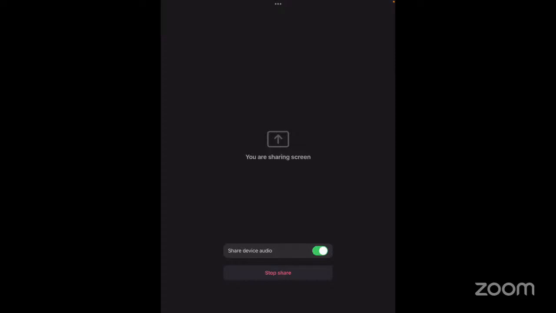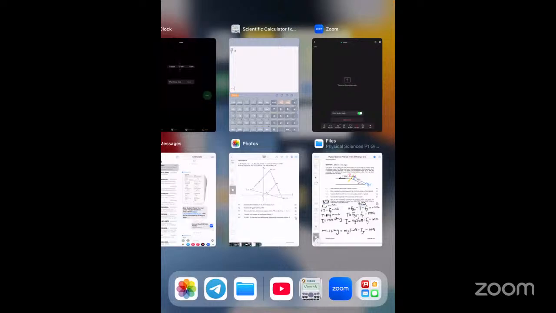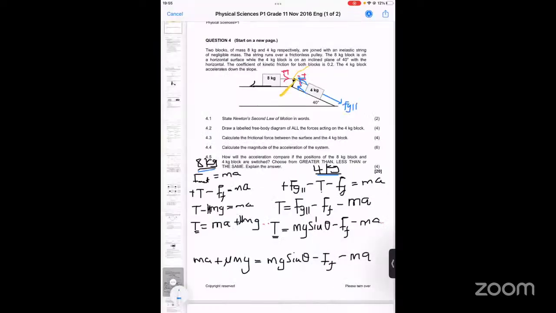Okay, if we've got no questions, then we will leave it here. But looking at that question, which says, how will the acceleration compare if the positions of the 8 kg block and the 4 kg block are switched? Choose from greater than, less than, or the same. Explain the answer.